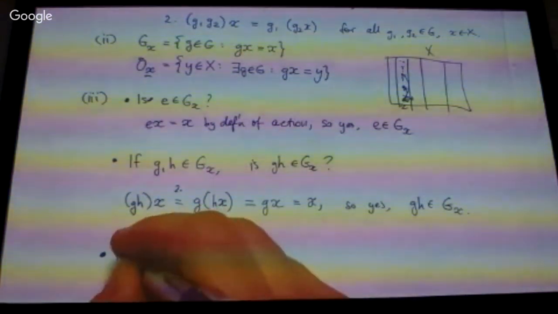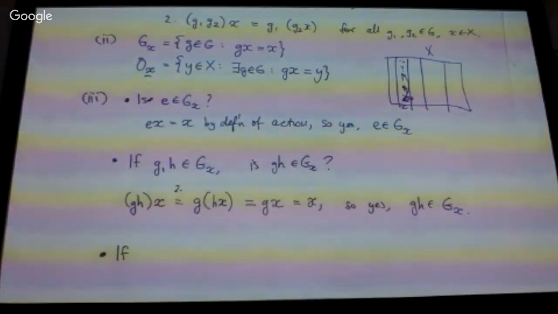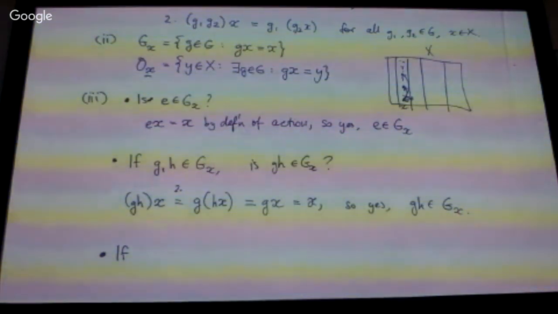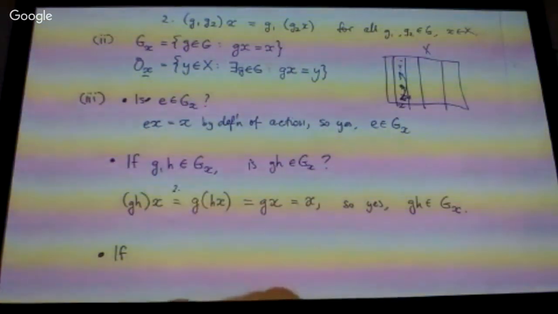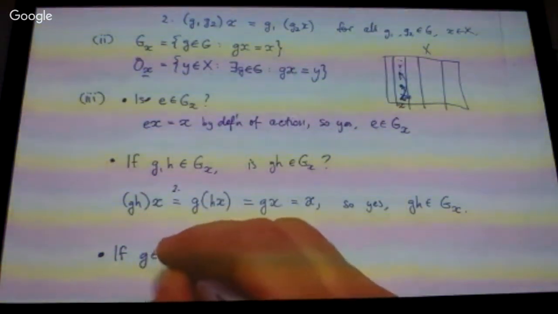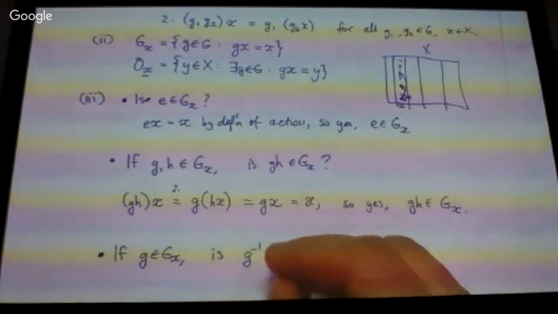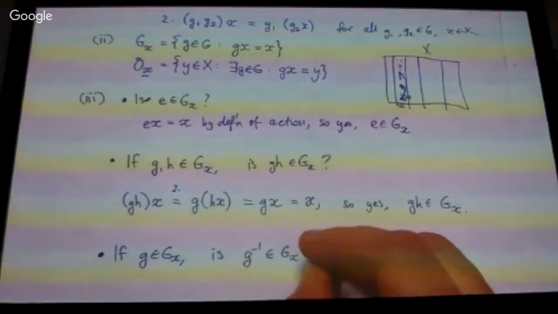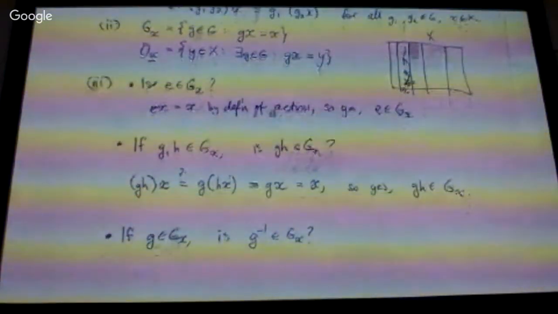And this one is a bit trickier: if G is in GX, is its inverse also in the stabilizer?